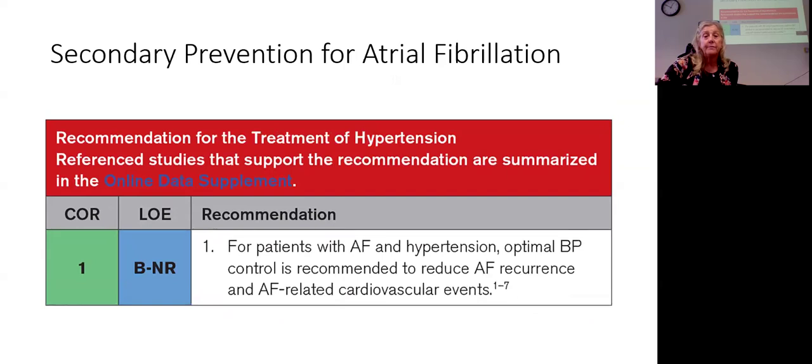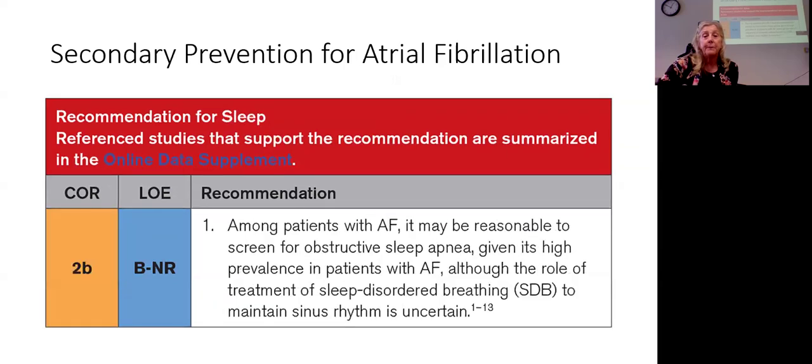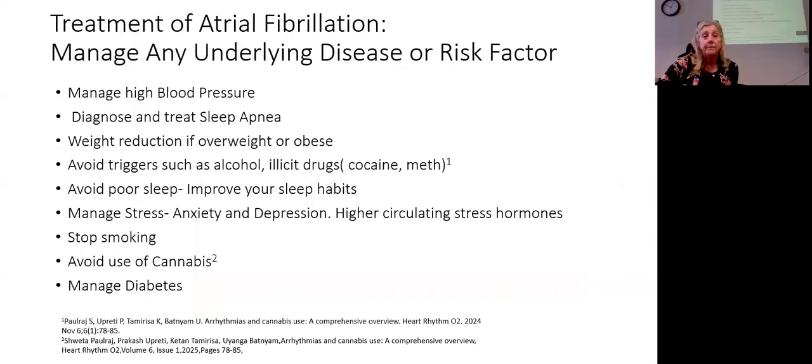Treating your hypertension, treating your sleep apnea, getting that assessed and treated. And then managing all the underlying conditions, avoiding triggers such as alcohol, cocaine, meth, and even cannabis now. I looked this up yesterday. Now more and more studies coming out showing that cannabis increases your risk of AFib, also increases your risk of heart attack and stroke.